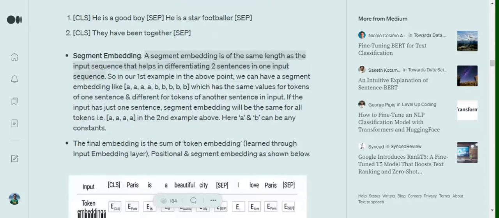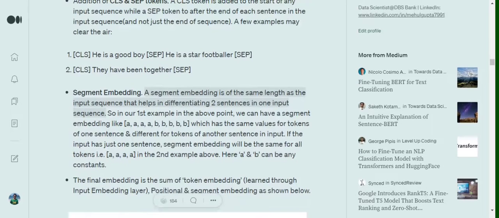The second addition that we are doing is a segment embedding. In the input you can see that we have multiple sentences coming in. These sentences can be taken as multiple segments of the input. For each segment, we represent it mathematically by putting some value, A for all the tokens representing the first segment, B for all the tokens present in the second segment.